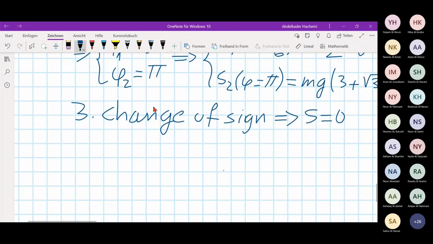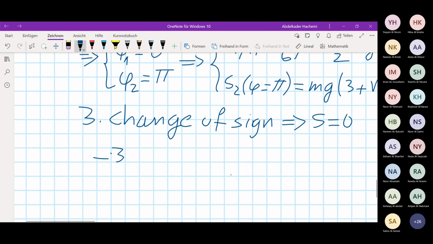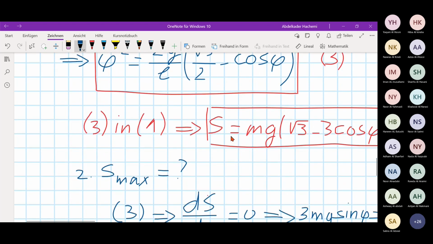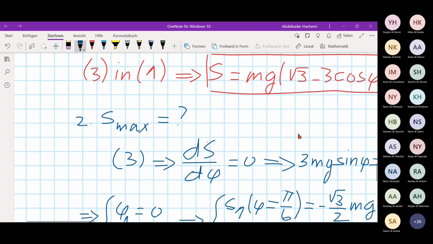Then in this case, if we take the equation of S, we have S equal to minus 3 cosine phi, I call it phi C, plus square root 3, which must be equal to 0. This is the expression of the rod force. We put it equal to 0, and we have this relation.